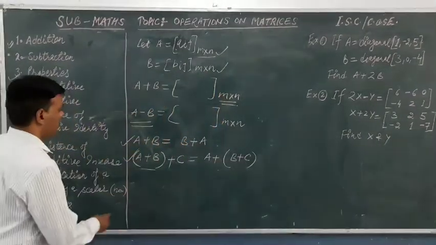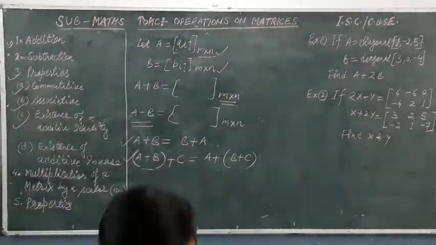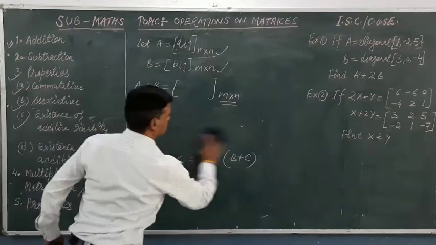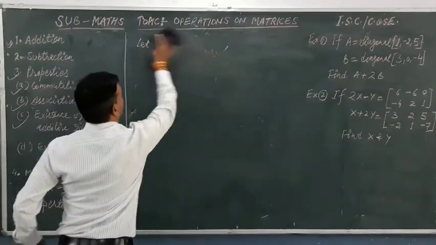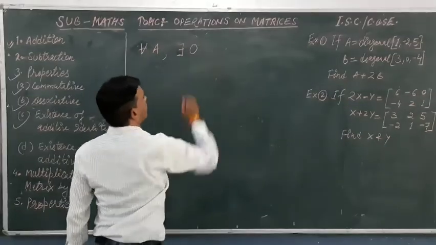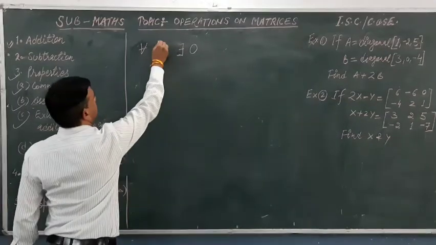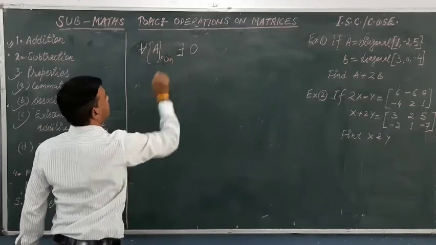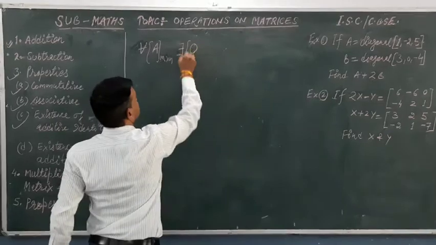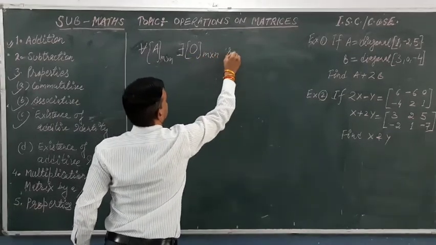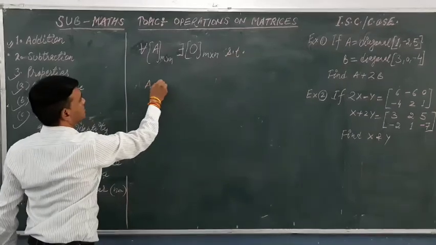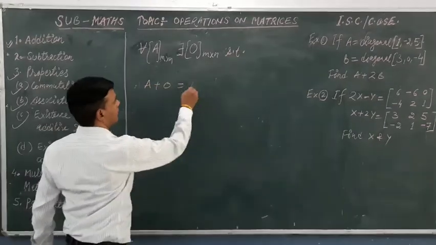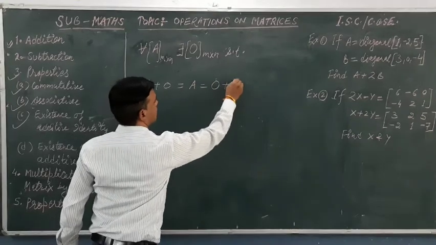In a similar way, for every matrix A there always exists a matrix O of the same order, suppose m by n, such that A plus O is equal to A, or O plus A, always remains the same.